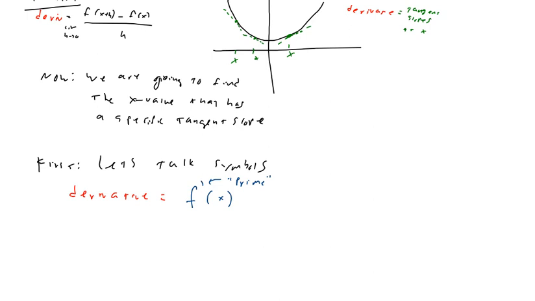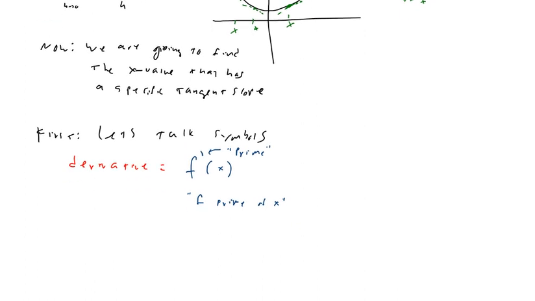That little mark means f prime of x, which is the symbol for the derivative. F prime of x is how we indicate that we have found the derivative of some function f.